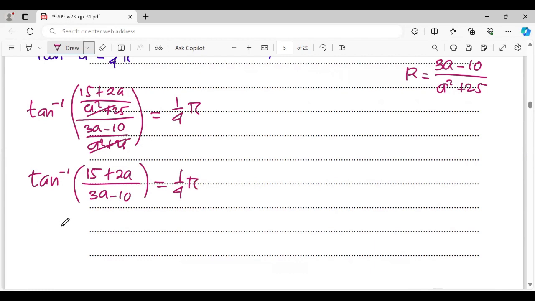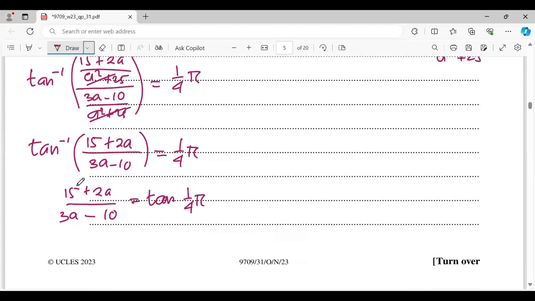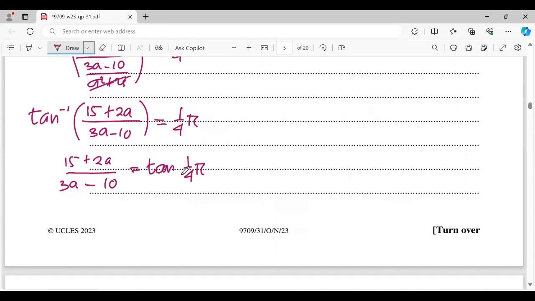So it means 15 plus 2a over 3a minus 10 equals tangent of 1 over 4 pi, because this is tangent power negative 1, or arctangent, or inverse. And tangent of 1 over 4 pi is 1.